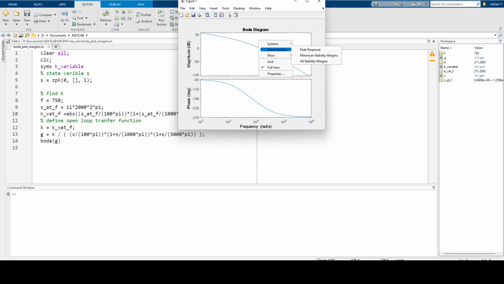And here again, show minimum stability. So 750 hertz times 2 pi is going to be 4712.